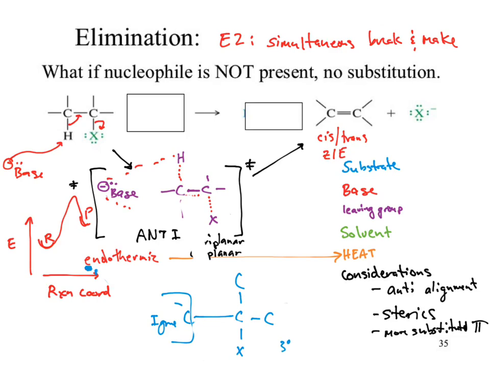So tertiary leaving groups will result in more stable products, which means when I run an E2 elimination, what do I want for my substrate? Tertiary is better than secondary, better than primary.